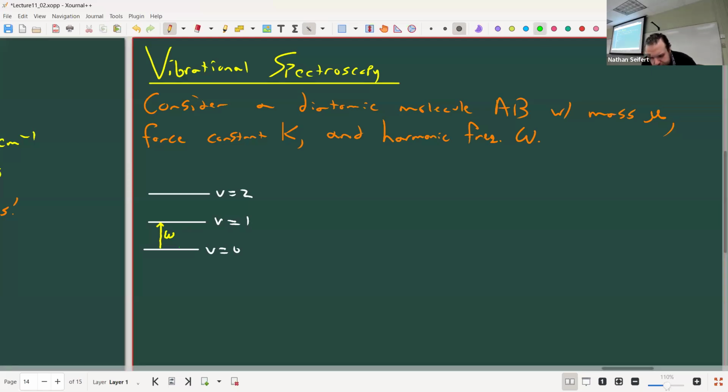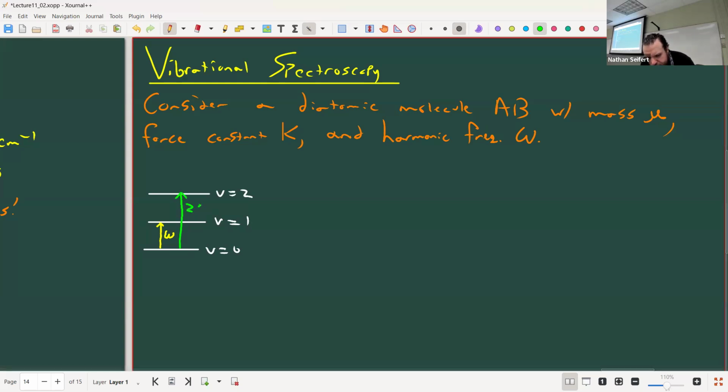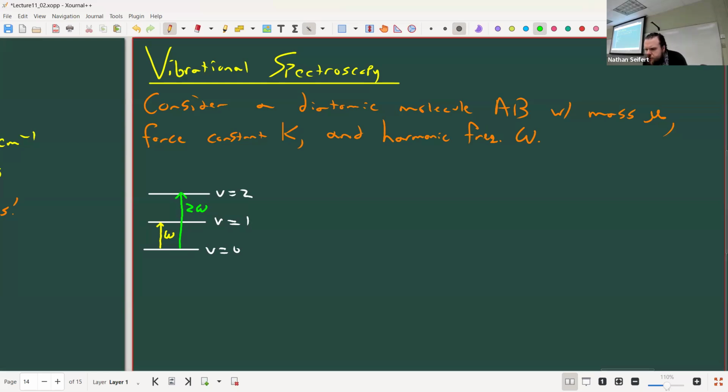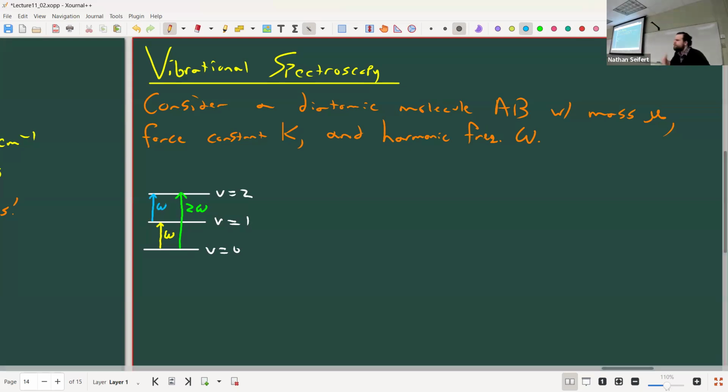Maybe we excite it twice. This would be at frequency 2 omega, and so on. And there may also be another transition from 1 to 2 at roughly omega. Just roughly omega, because these are not perfect harmonic oscillators, they're slightly anharmonic.